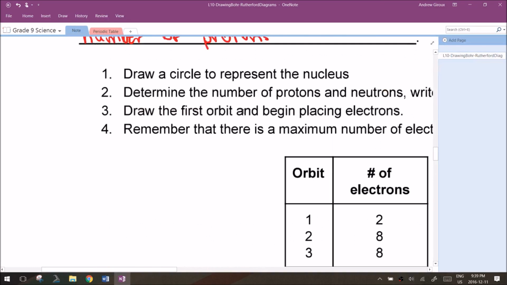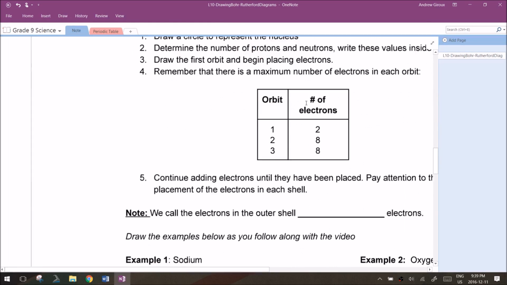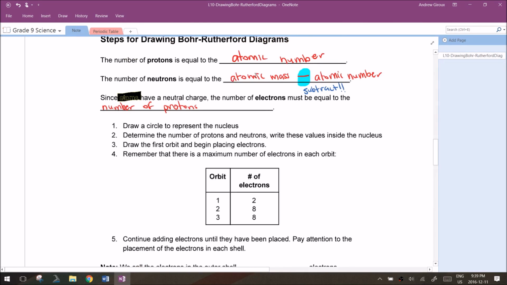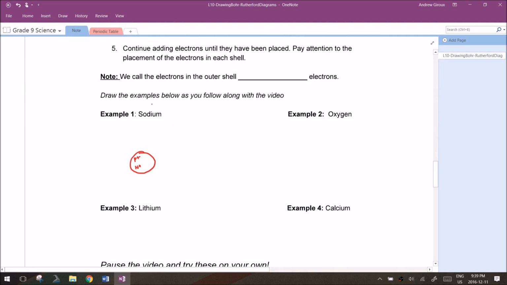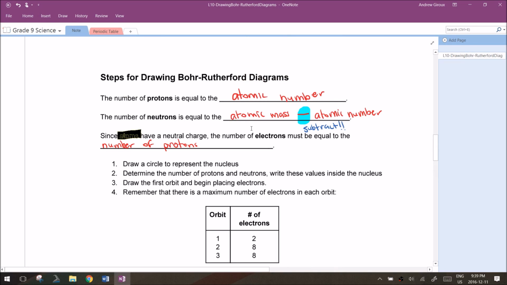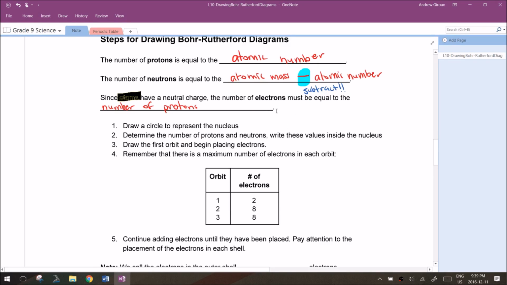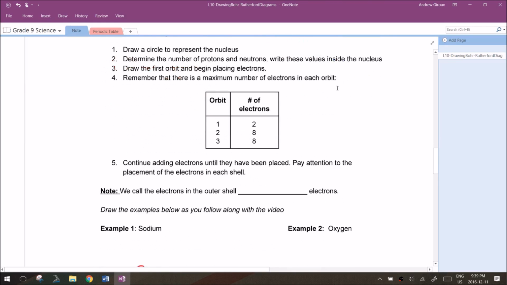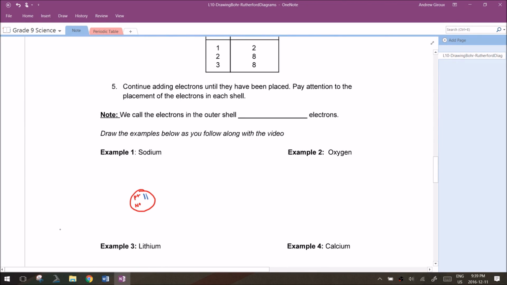And if we look back up to our steps, the number of protons is equal to the atomic number. So in this case, our atomic number is 11, so we're going to have 11 protons. The number of neutrons is equal to the atomic mass minus the atomic number. So our number of neutrons is equal to the atomic mass minus the atomic number. So that's going to leave us with 12 neutrons.